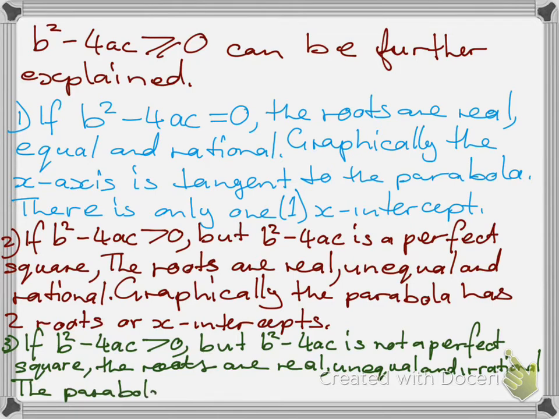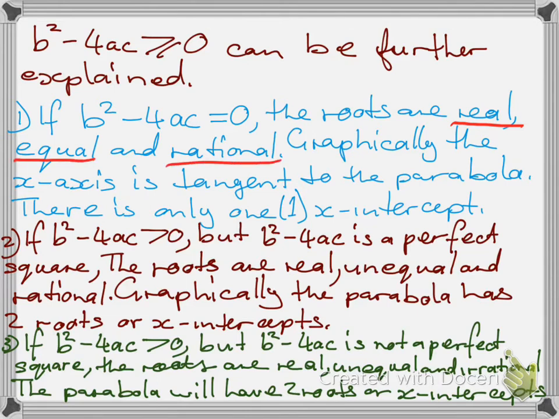If the determinant is equal to 0, the roots are real, equal, and rational. Graphically, it means that the x-axis is tangent to the parabola, and you usually have one x-intercept.